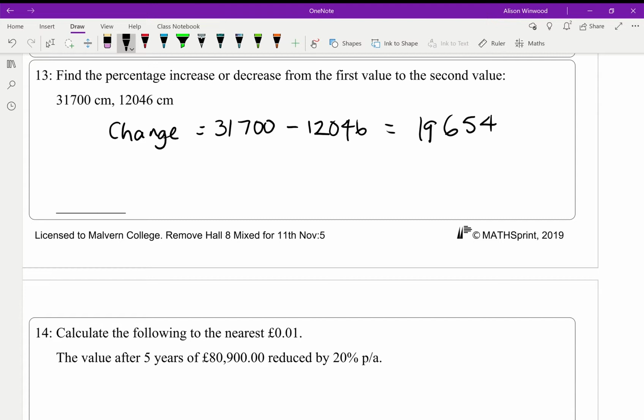And we want to express this as a percentage, this number we've got, compared to the original. So as a fraction we get 31 out of 50. When we multiply by 100, the calculator will tell us it as a percentage, 62%.